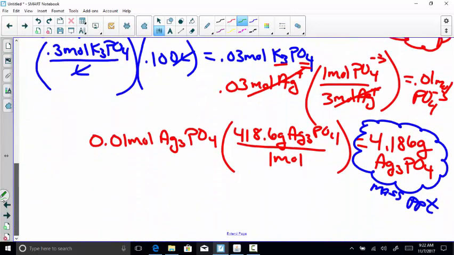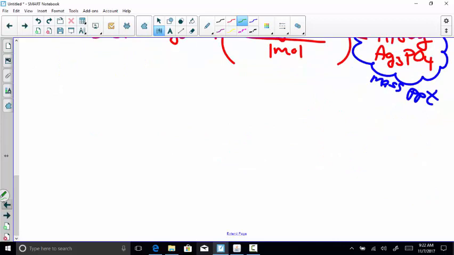Okay? And so what we've determined is we have potassium ions left, nitrate ions left, and phosphate ions left. Okay, so those are the 3 ions that we have left. What we need to know is what are the moles of these. And we calculated these earlier.